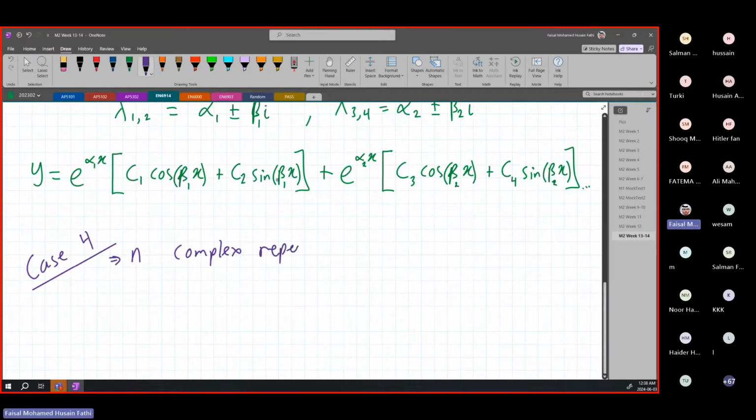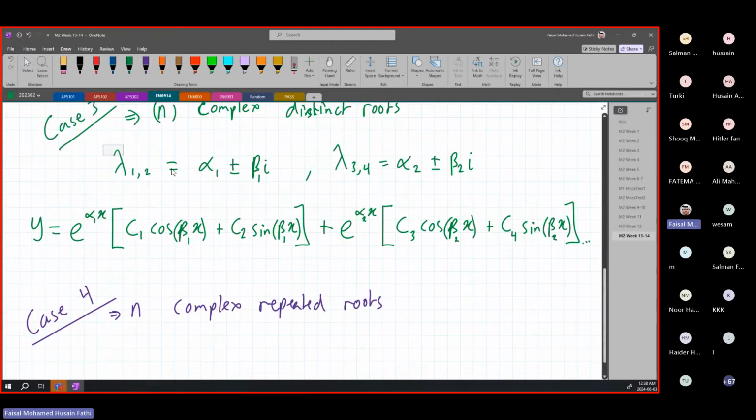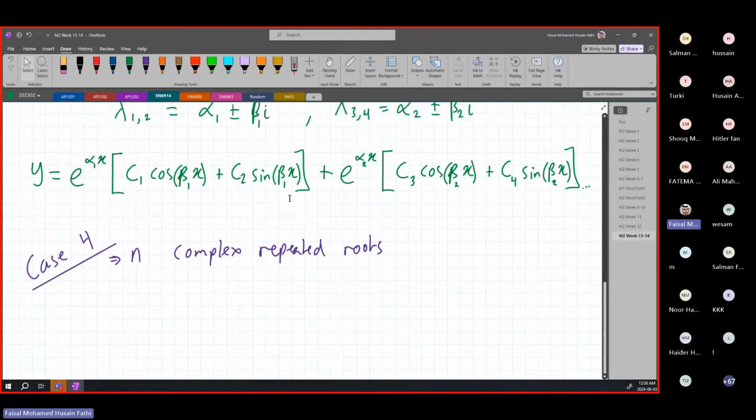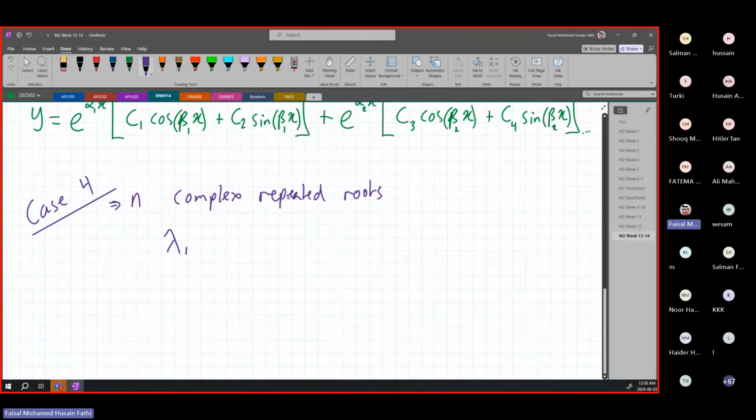What does this mean? This means that lambda 1, 2, 3, and 4 are all equal to alpha plus or minus beta i. So you have these complex roots, all of them repeated, all of them the same.